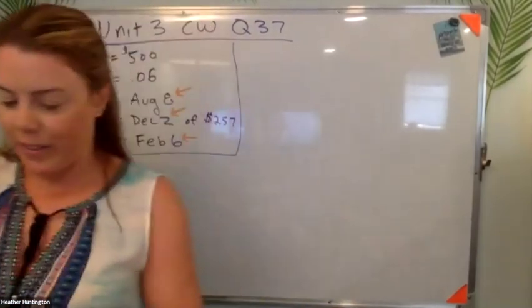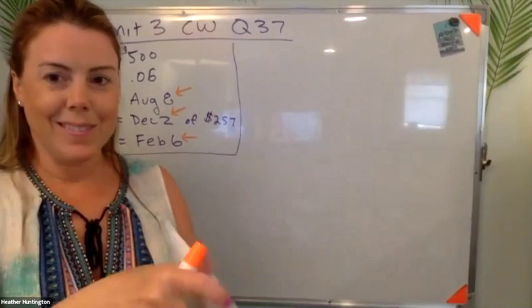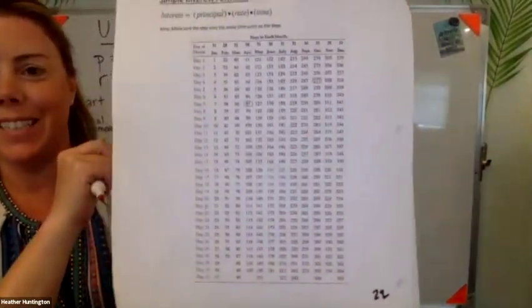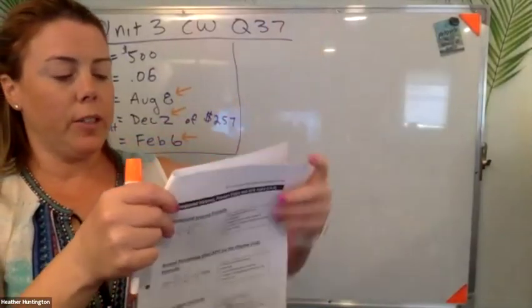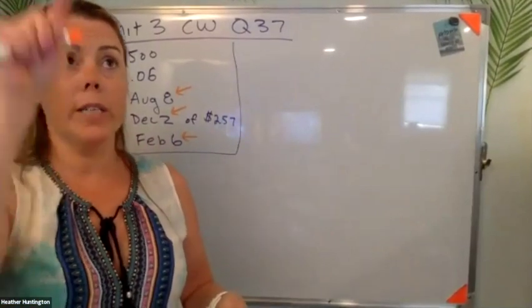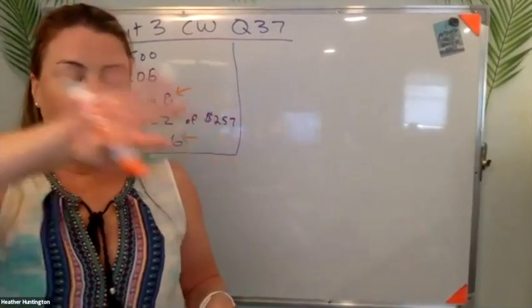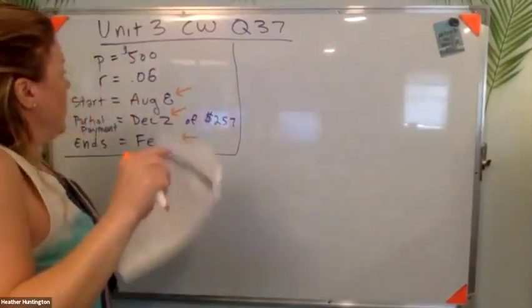How can we figure out the exact number of days? We got a chart, don't we? Yep, this nice little handy dandy chart. This is on page 22 of your classwork packet. It's also available in the homework. It should be either off to the side or something that you click on and it pops up. So let's look.